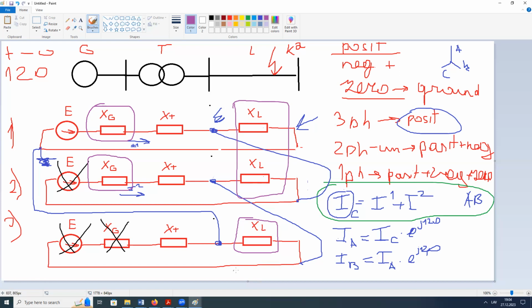Here they are the same, but in negative sequence, line resistance is not the same as in a positive sequence. It is about XL0 approximately 3 multiplied by XL1. About 3 times more.